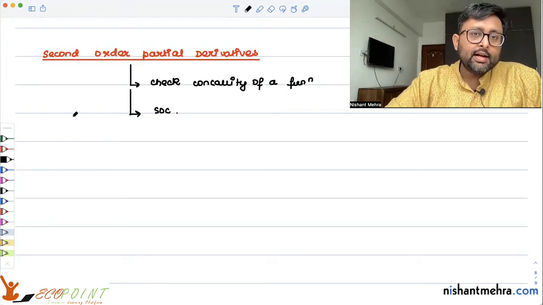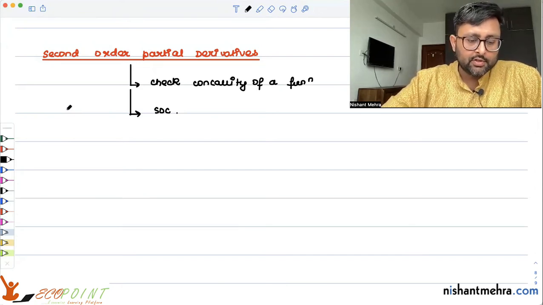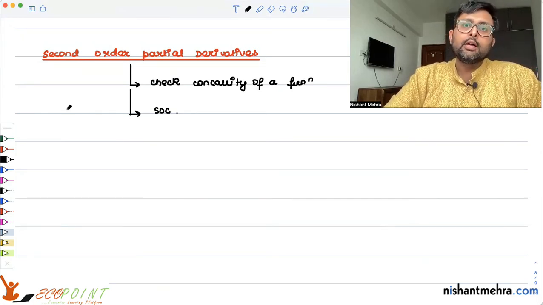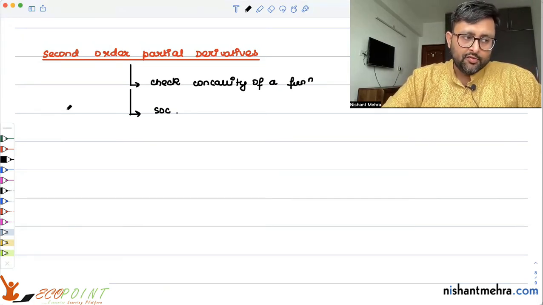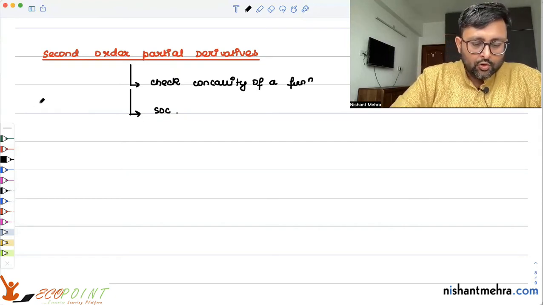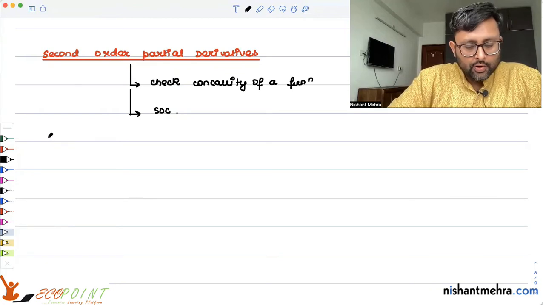So assuming that f(x,y) is a continuously differentiable function in the open region, you can find out the second order derivatives. It is C2. Okay, let me not get very technical out here. It is a continuously differentiable function, so you can find out the first order derivative, you can find out the second order derivative, and so on. So you can derive these. There are two kinds of things.